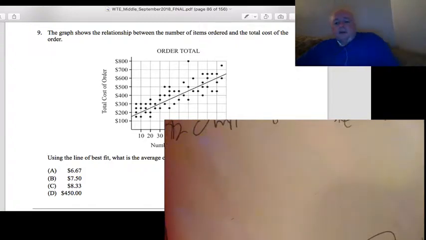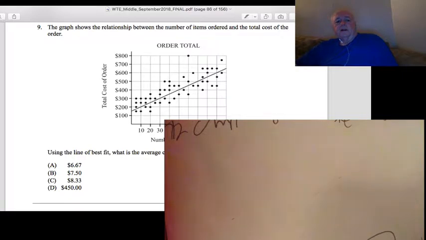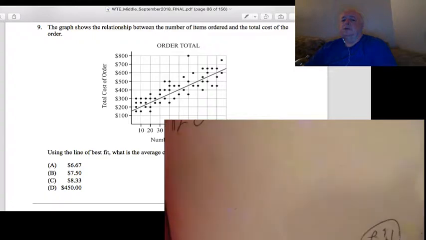If you look at what they're showing here, it says the graph shows the relationship between the number of items ordered and the total cost of the order. So the numbers across the bottom from 10 to 100 represent the number of items ordered. Along the left-hand side, we have the total cost of the product. Using the line of best fit, this is called the scatter plot.